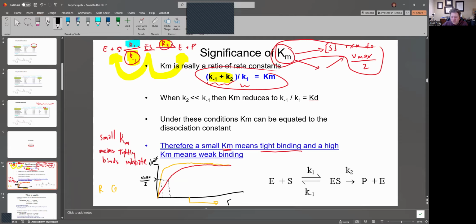My x-axis is labeled as our substrate concentration. Which number do you think is going to be smaller? The number where A is or the number where B is on that x-axis? A, totally.